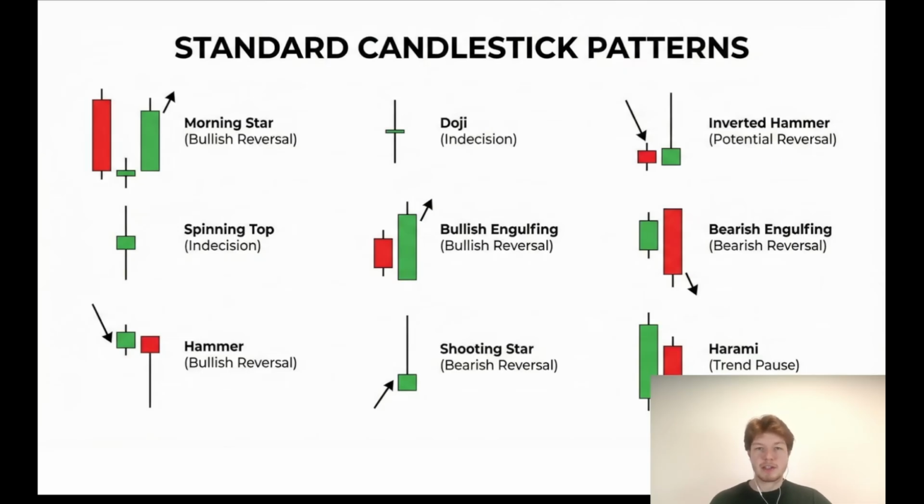However, that doesn't mean either that they're completely useless. For example, I will put a lot of attention myself into hammers and shooting stars, which are really just the opposite. So this one is the bullish one, this one is the bearish one. And also I put a lot of attention, and one of my best setups really revolves around what is here called harami, but I refer to as an inside day, which is when one candle resides completely within the range of the candle before it.